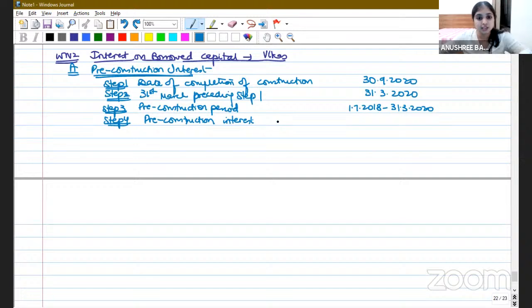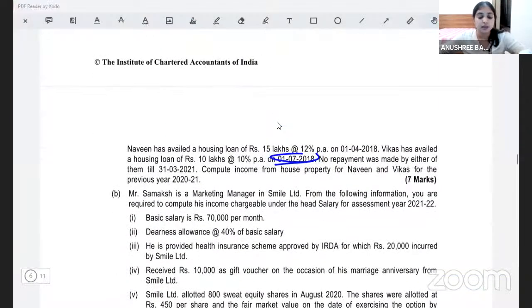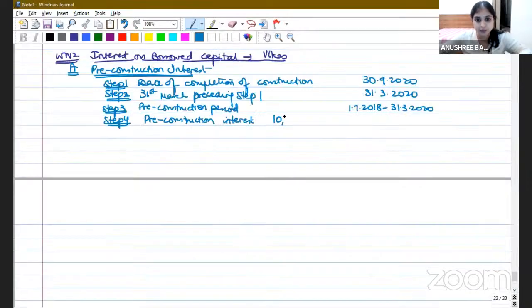So my pre-construction interest will be like this. He borrowed 10 lakhs loan at 10% per annum. So 10 lakh loan, 10% rate of interest for 21 months. Why 21 months? Because 1st July 2018 to 31st March 2020, this period is 21 months.